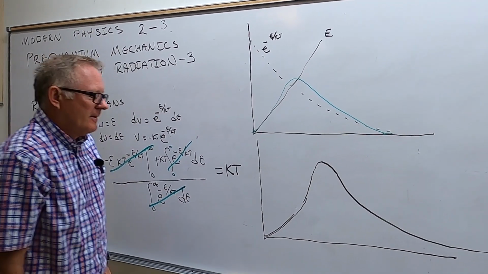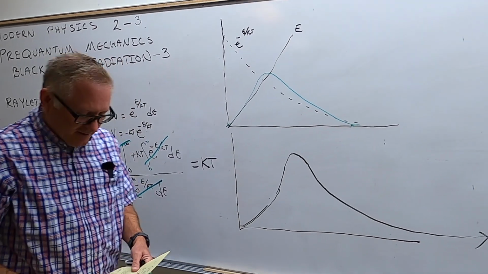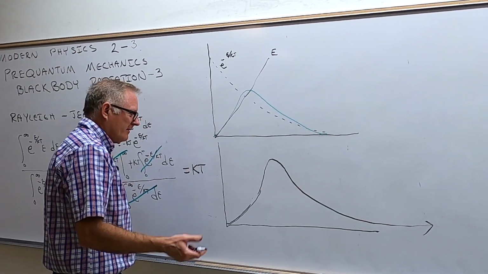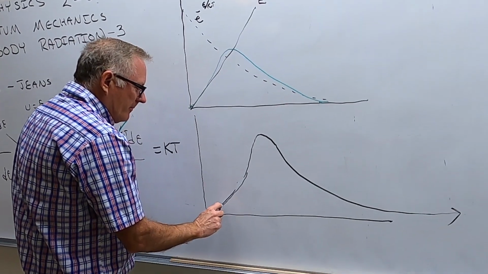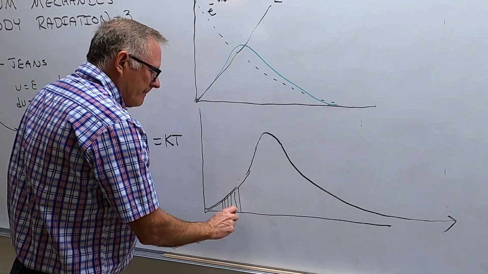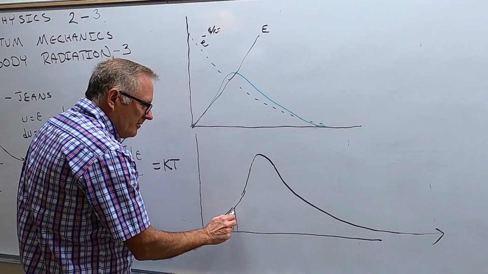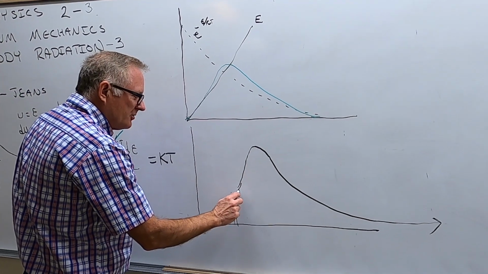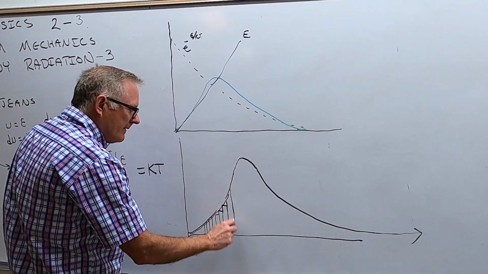Now you notice when you first learned how to integrate in calculus, didn't they break it up into little pieces? And to find the area, you broke this up and turned it into a bunch of rectangles.